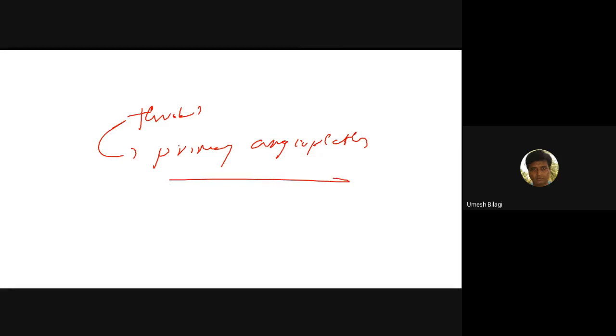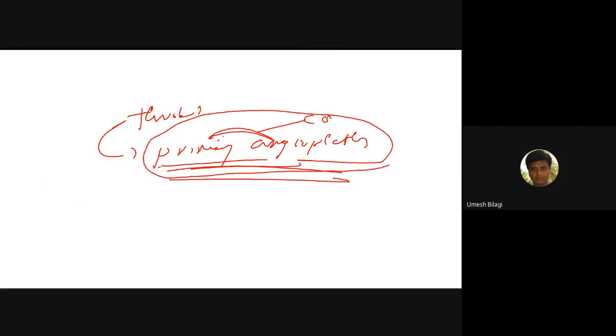Primary angioplasty is more preferred, but the facility of a cath lab should be there, and it should be done on a very urgent basis. The best treatment for STEMI is primary angioplasty.